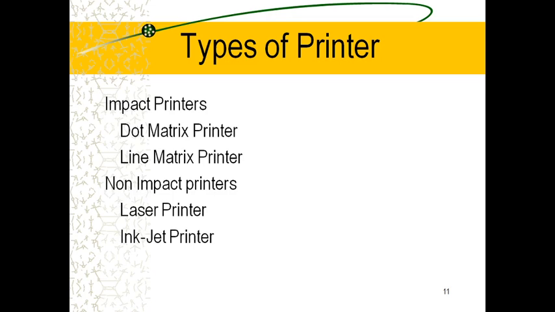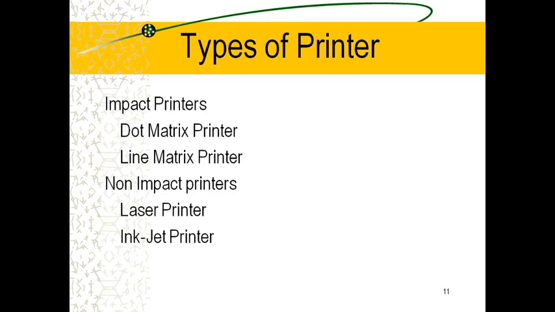Next one is line matrix printers, and it also uses a fixed print head for printing. Basically it prints page-wide lines of dots, and it builds lines of text by printing lines of dots, so it works line by line.